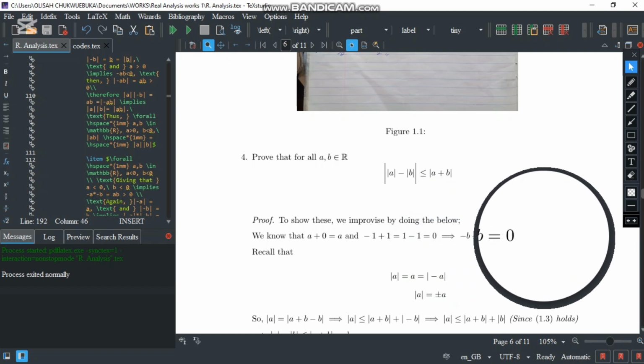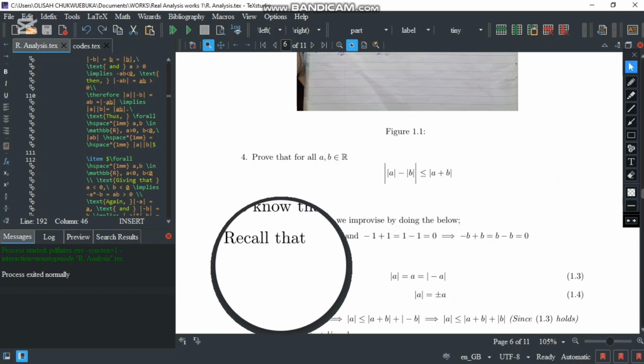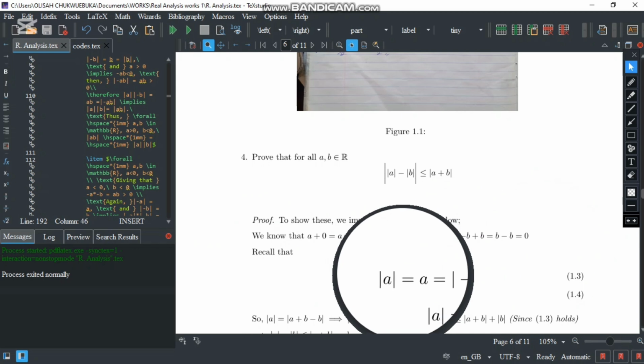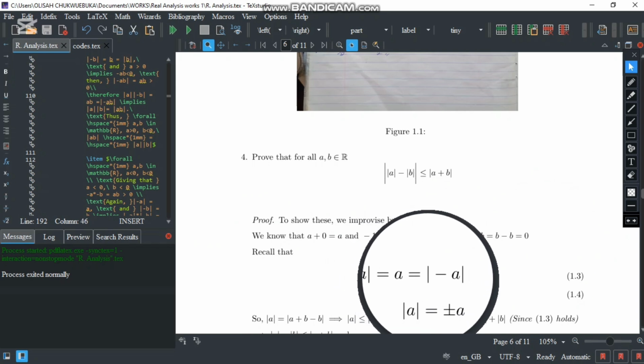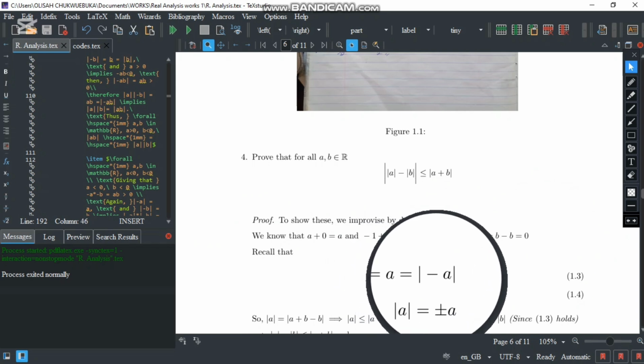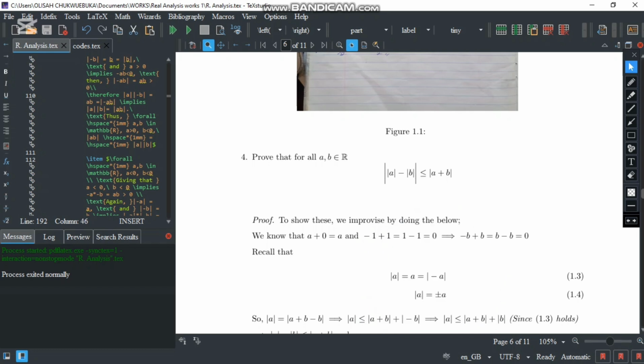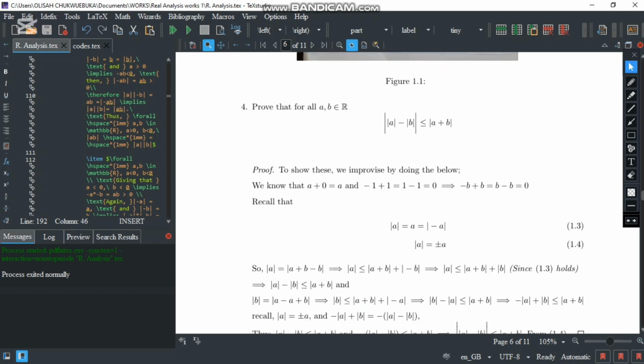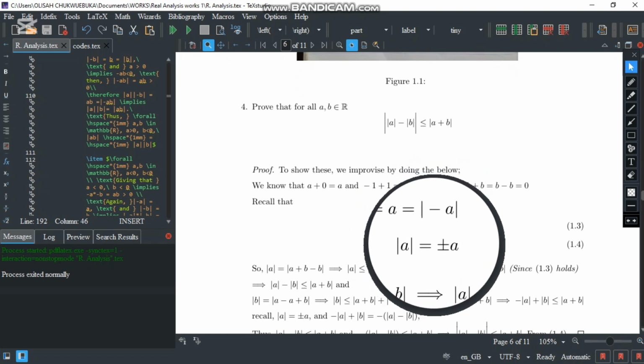Now recall that the absolute value of a is equal to a, and a is equal to the absolute value of negative a. Recall we have done something like this before. And the absolute value of a is equal to plus or minus a.